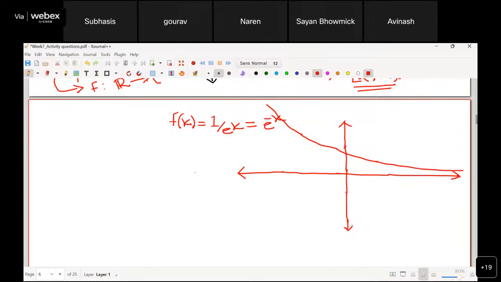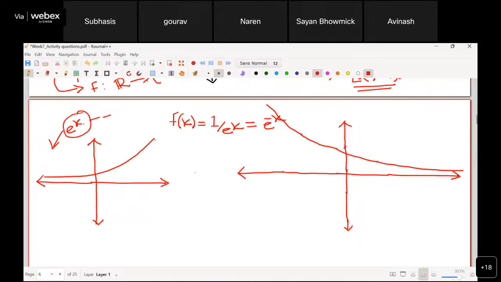If you see the graph of e to the x, it is like this. As you can see, whatever is happening here for positive x, the same thing is happening here for negative x.